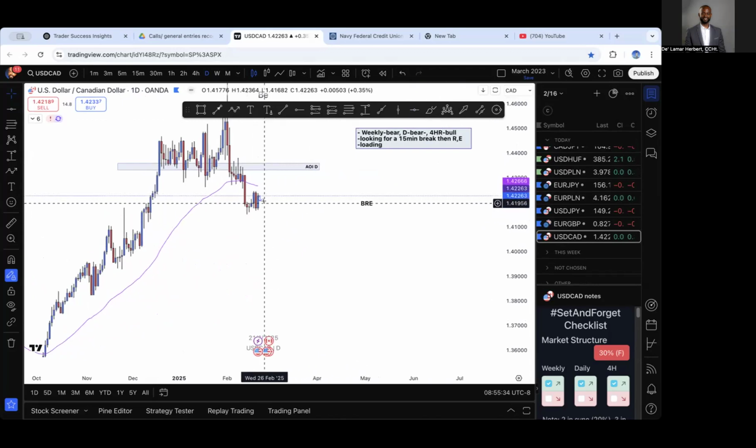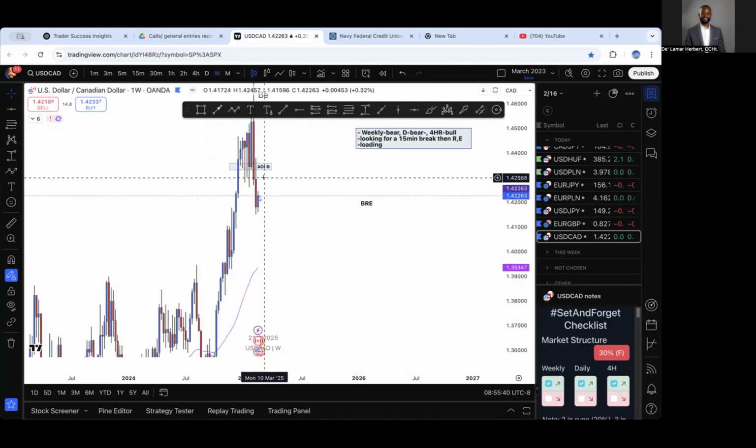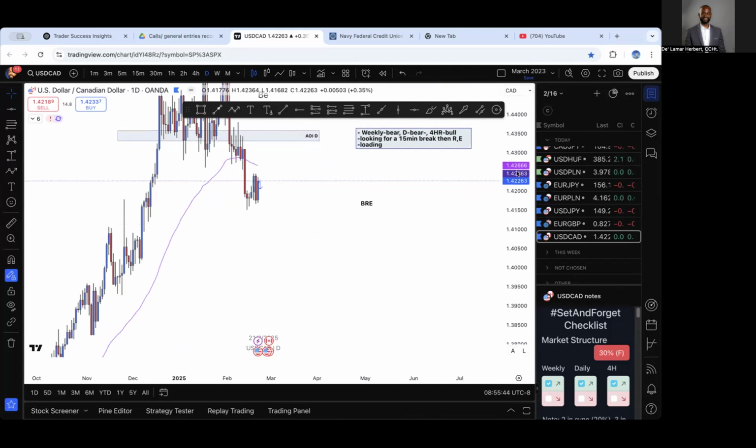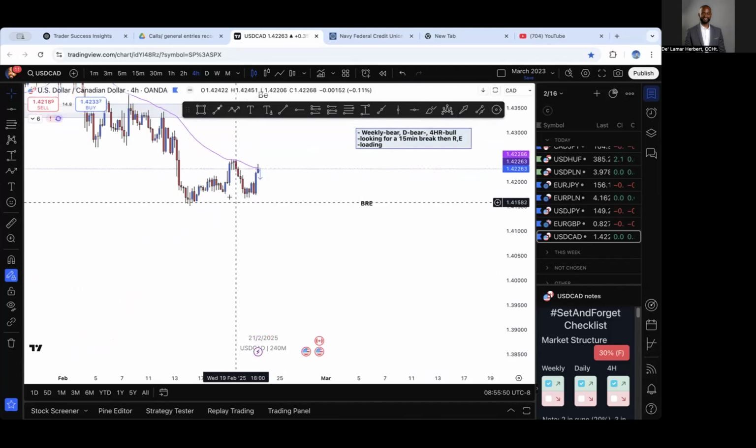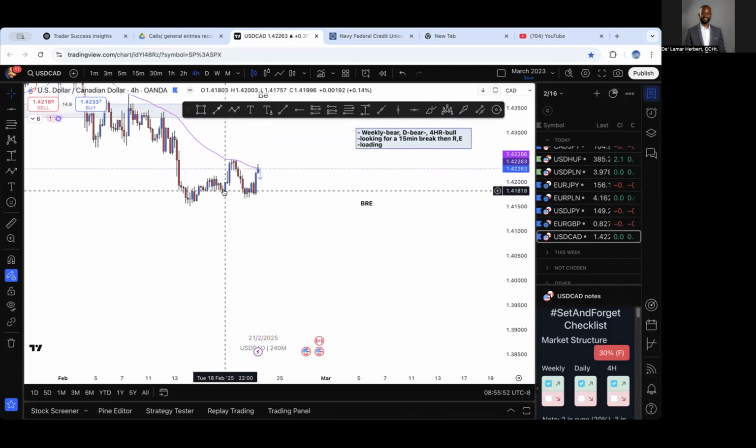We are technically on our way to our daily AOI, bearish. And 4 hour is bearish right now.